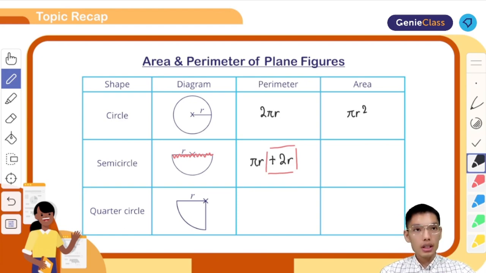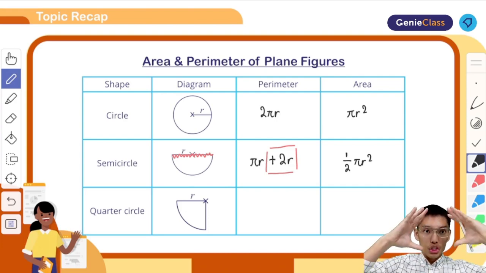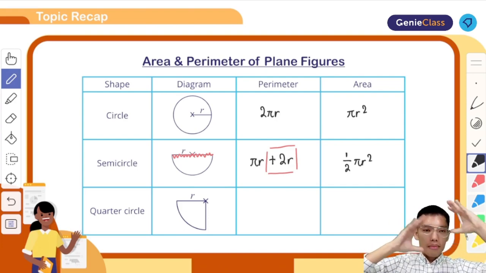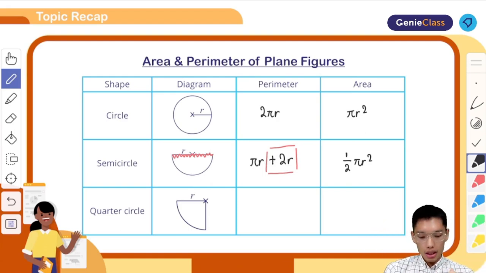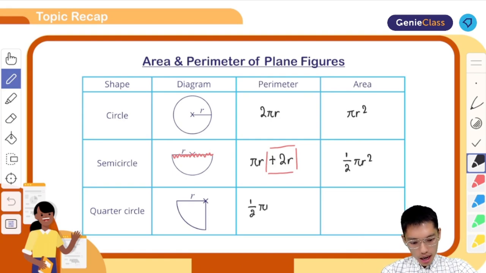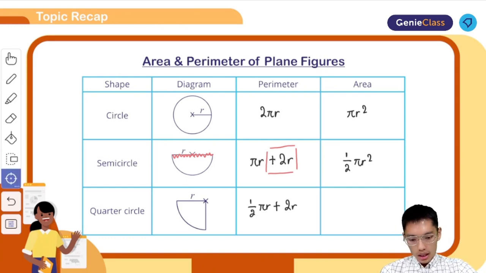Okay, and over here, area of my semicircle is half of the circle. This one is okay because it's just the area, the region, cut by half. Just like my face over here is cut by half. Lastly, for quarter circle, okay, Pranav following up very nicely, it's going to be half pi r plus 2r, because again my circumference of the circle is cut into 4 parts, given here as such.